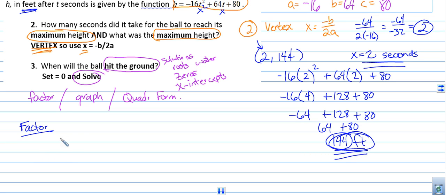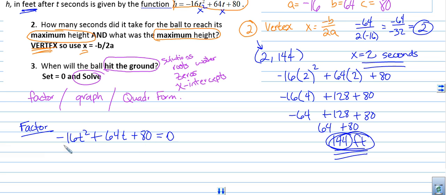You're going to take that negative 16t squared plus 64t plus 80, and you're going to, just like it says, set it equal to 0. Okay? Then you're going to look for a GCF. Now, when I do the GCF, I'm going to try to get this to be a positive t squared. Okay? So I'm going to say, well, what goes into 16, 64, and 80? 16 goes into all of those.